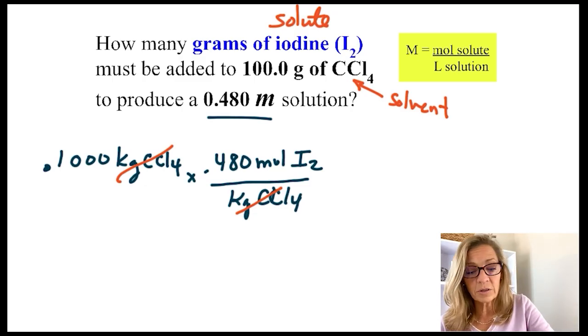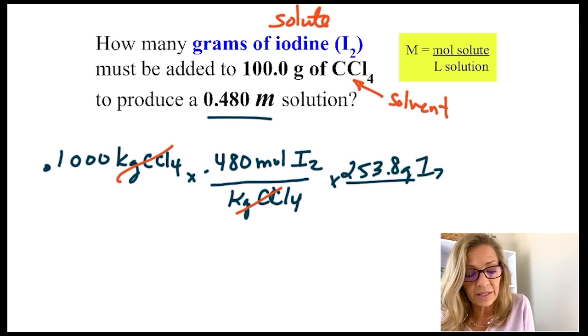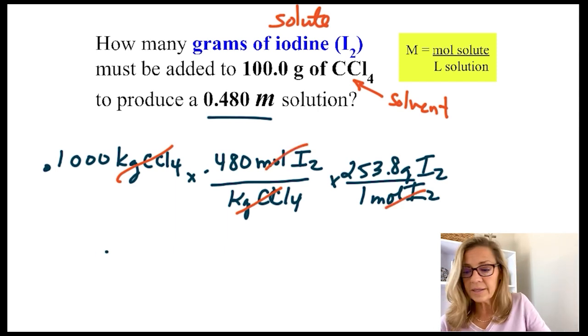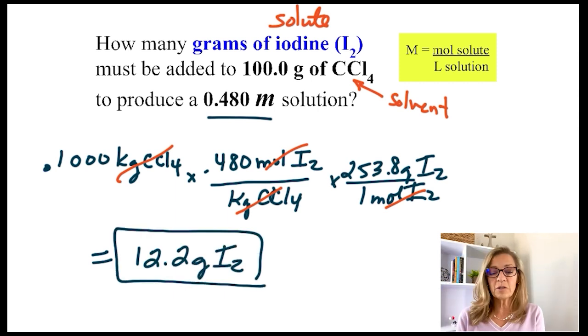And then let's just use the molar mass here. We know there are 253.8 grams of I2 per 1 mole of I2. And so the units will cancel those moles, and what we'll get is 12.2 grams of I2.